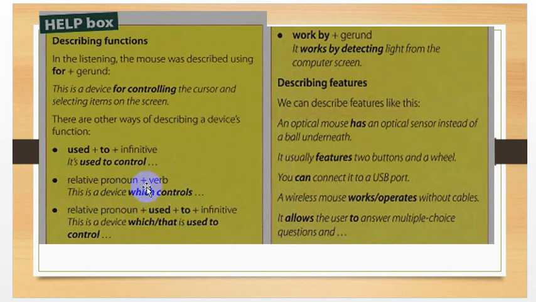Which is a relative pronoun. Who is a relative pronoun. That is a relative pronoun. For example, we can say this is a device that controls my voice. This is a device that controls the audio recording.